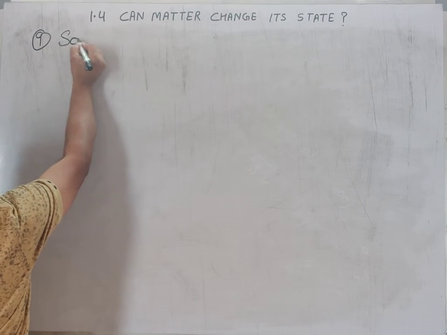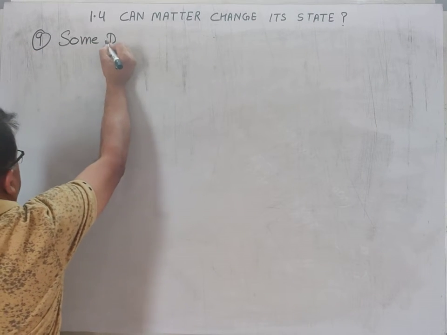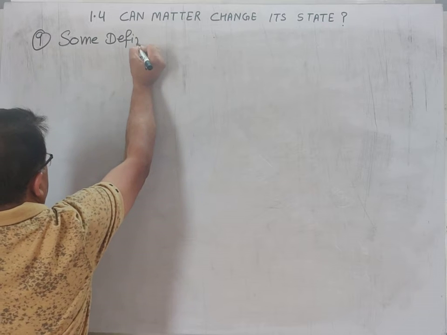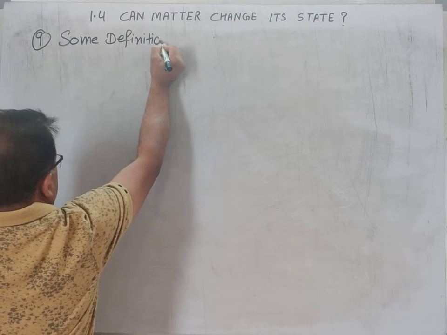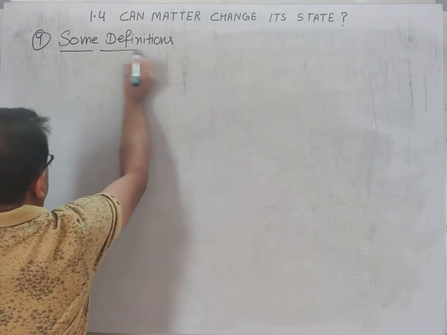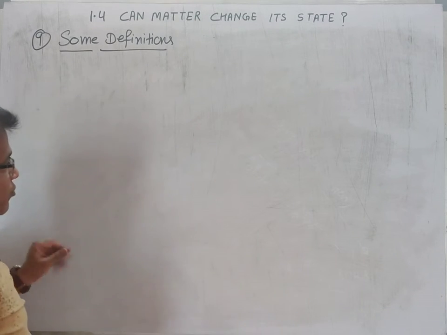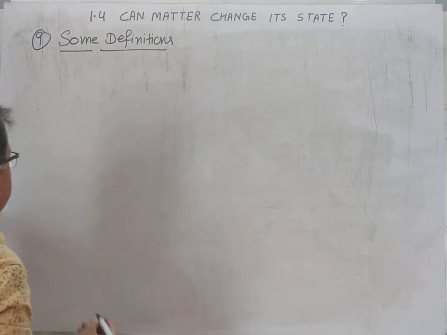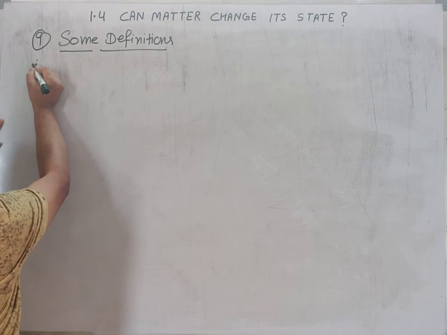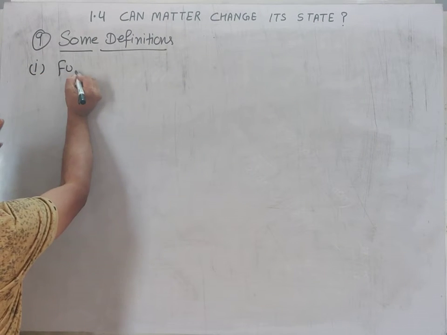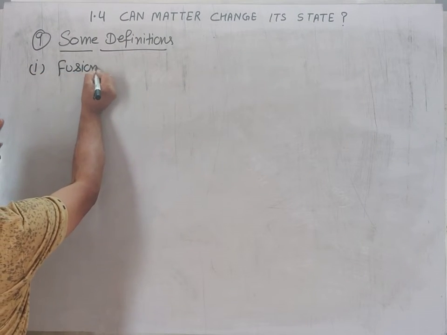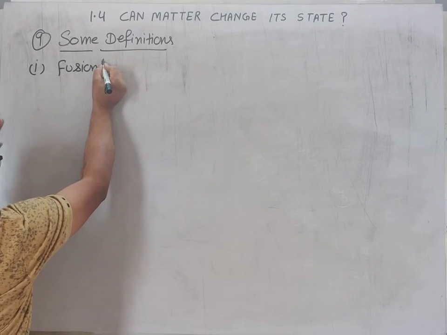Next topic is some definitions, definitions of the processes which we showed in the previous figure. First we have fusion or melting.